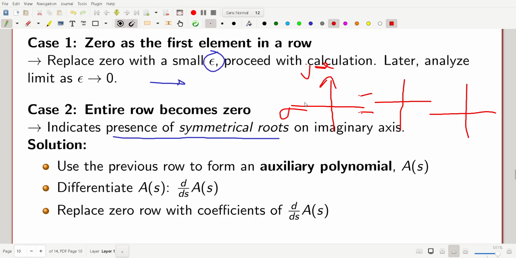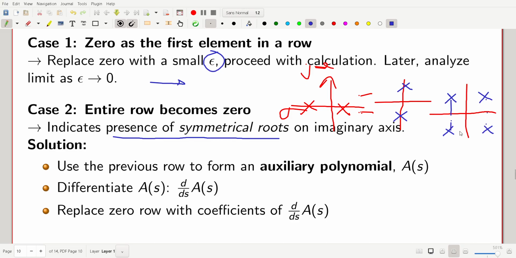Let us say one pole here and one pole here. Or in the second case, let us say this is a real pole, and this is a pure imaginary pole. This is marginally stable. And one more case is possible, complex poles, but complex poles always lie in conjugate pairs, so that's why we have to form it like that.